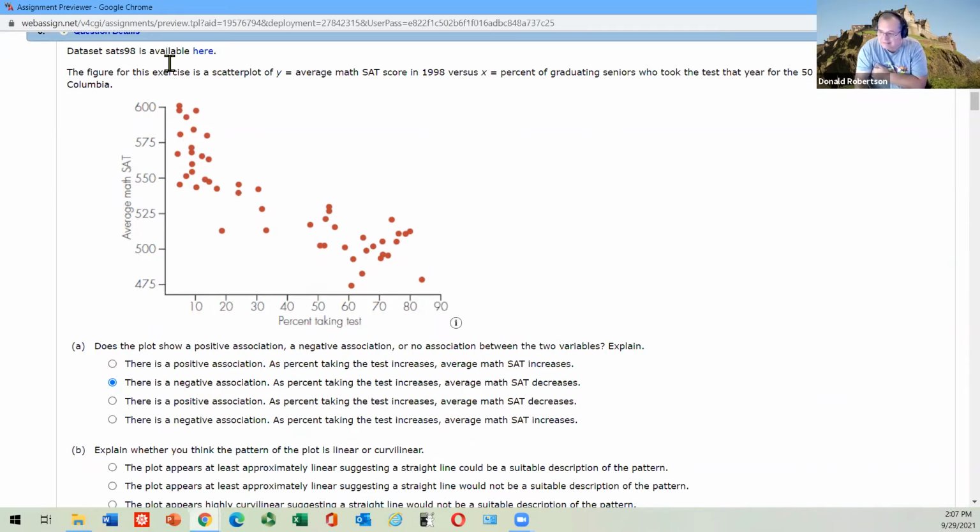Why is it linear? Well, if you think about it, isn't this line pretty close to everybody? Sorry about that. I don't pick the questions. WebAssign does them, but they think that is linear. Okay, it's linear, right?